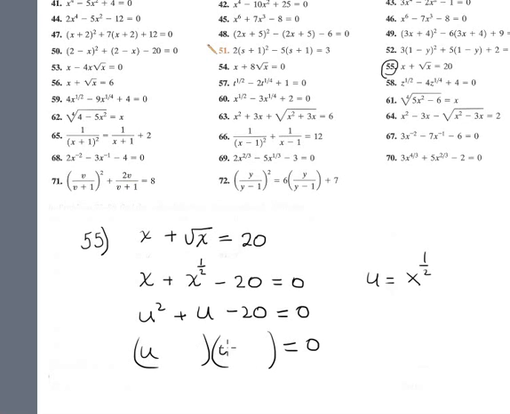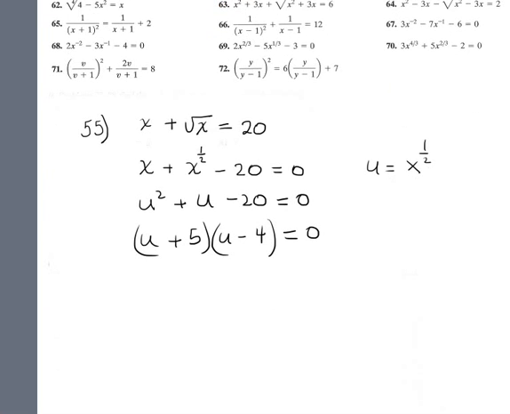The numbers are 5 and 4, plus and minus. One solution is u equal -5, and another solution is u equal +4. And you retrieve the original variable.